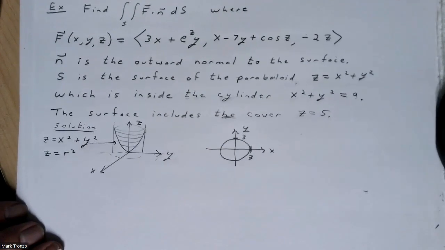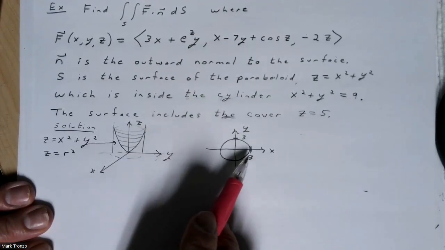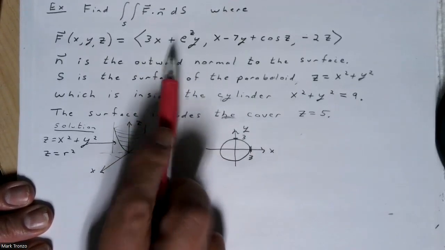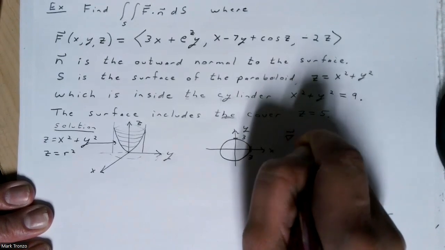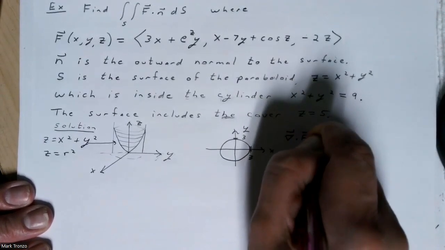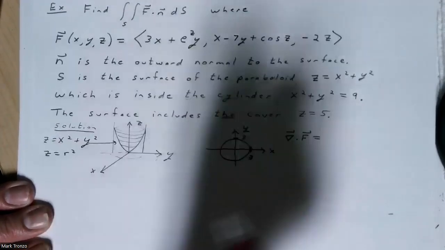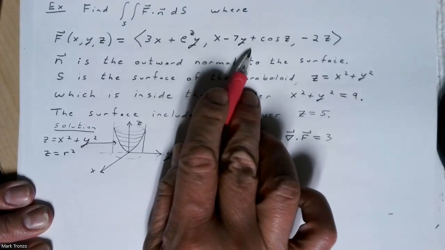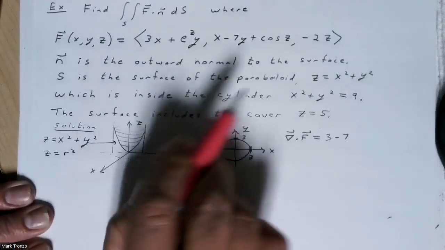So once again, we're going to use the divergence theorem. And so we're going to need the divergence. So let's do this out here real quickly. We're pretty used to doing it now. So the divergence of f will be the derivative of this with respect to x, which is 3. Derivative of this with respect to y, which is -7.